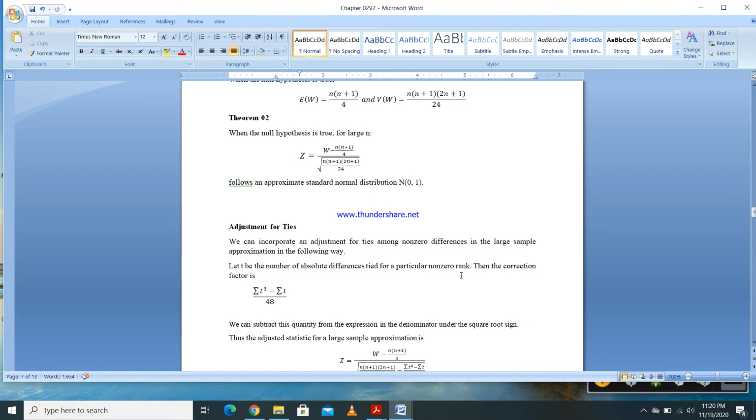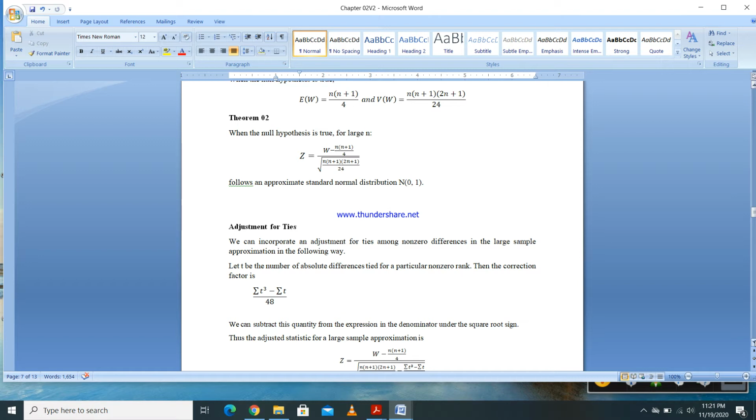Today we are going to discuss some more parts about the Wilcoxon test, that is, what you can do when you have ties. When you look at your data set, what happens if you have the same observation twice, thrice?